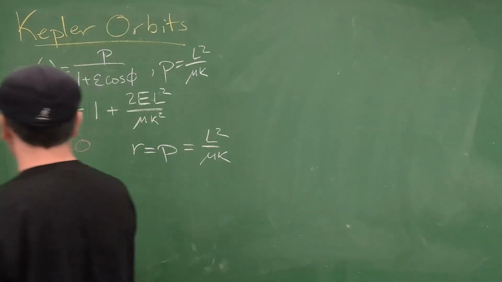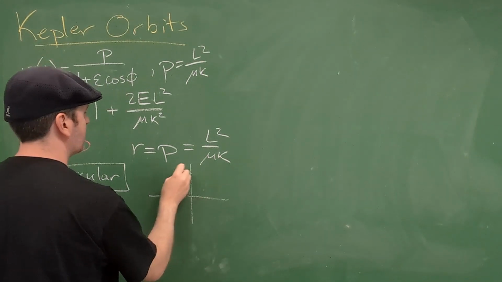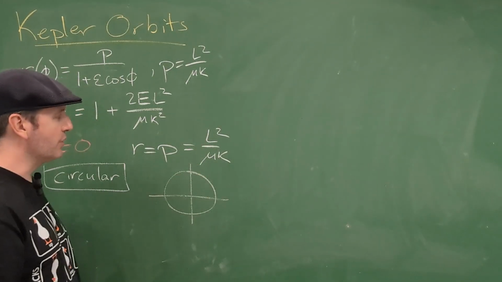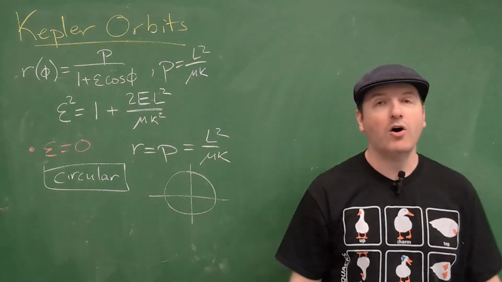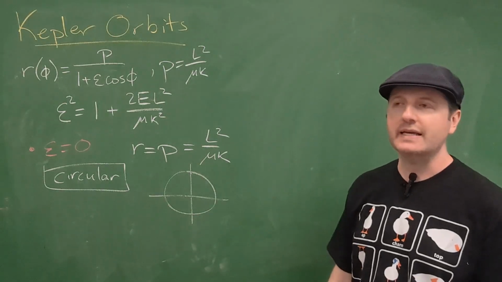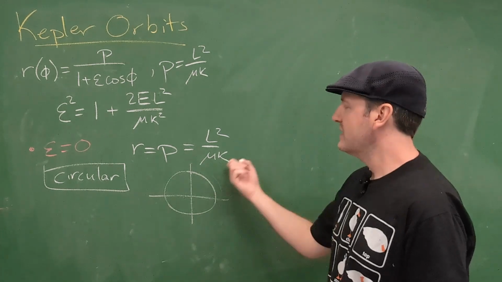Of course, that would be a circle. And the picture we would have here is a circular orbit whose radius is just this value L squared over mu kappa. We could have gotten that from long-ago mechanics just by thinking about a centripetal acceleration in the usual Newtonian way.